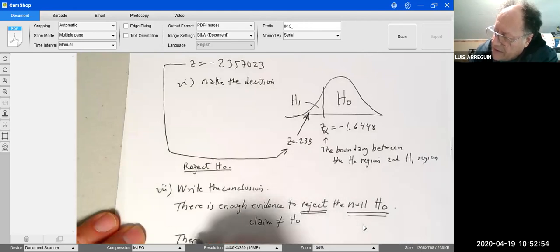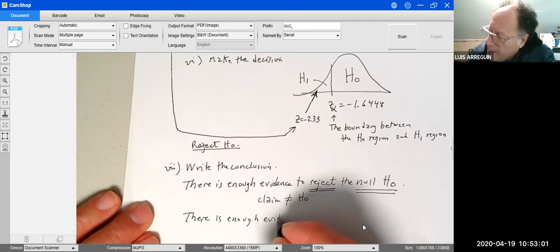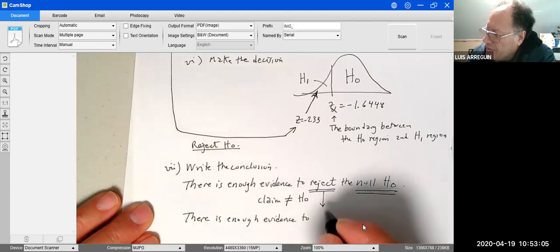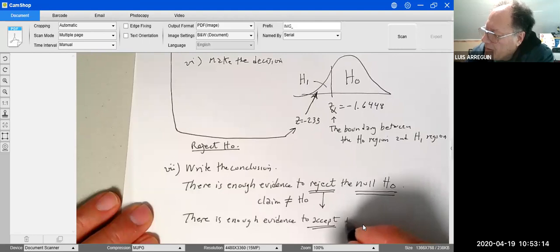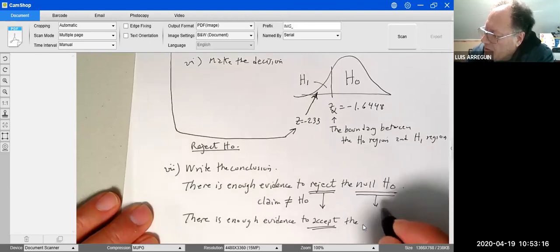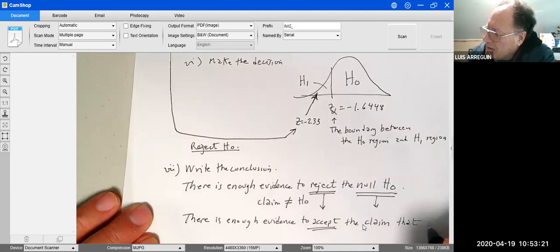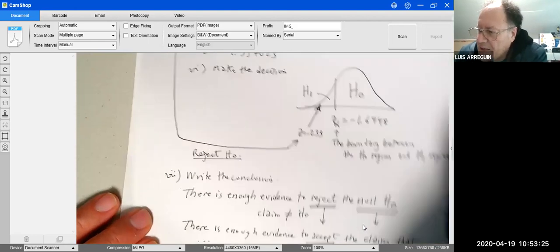So in this case, we're going to write there is enough evidence to, and then we're going to switch the verb. Instead of reject, we're going to write to accept. So there is enough evidence to accept the, instead of writing the null, now we're going to write the word, the claim that, and then you rephrase the claim.